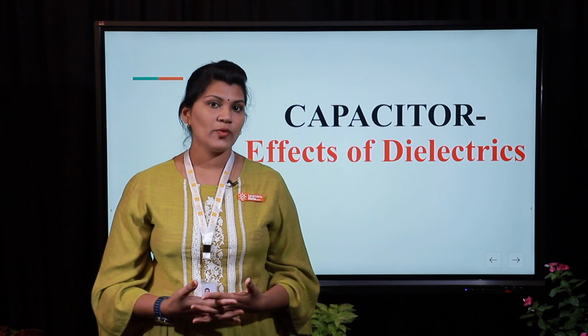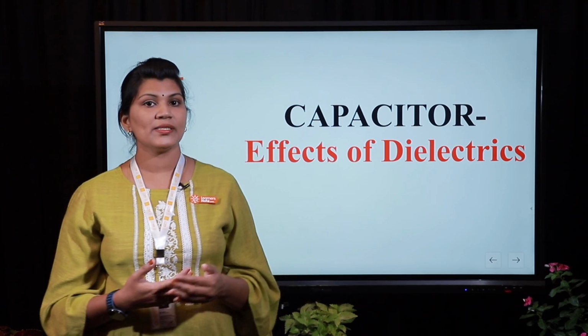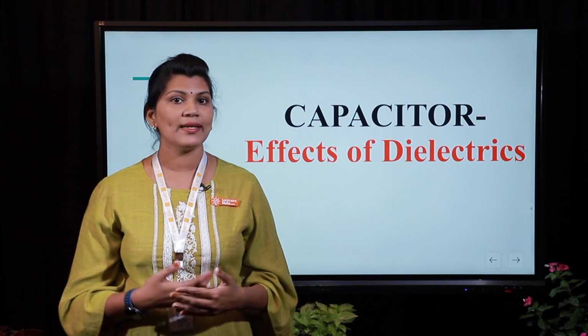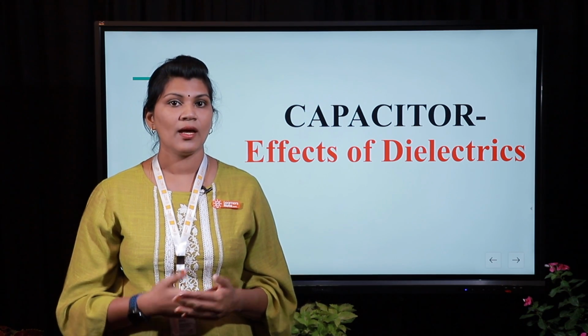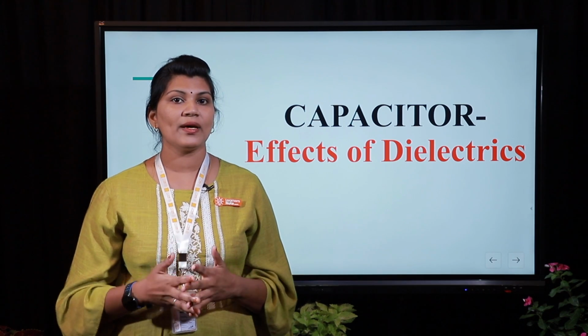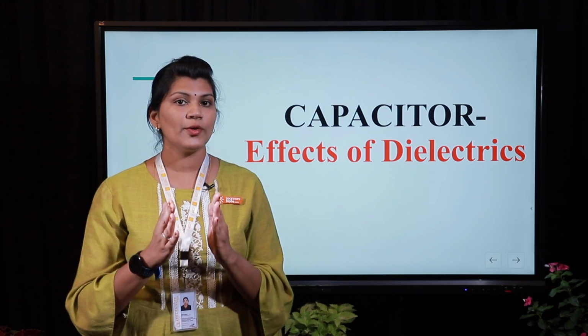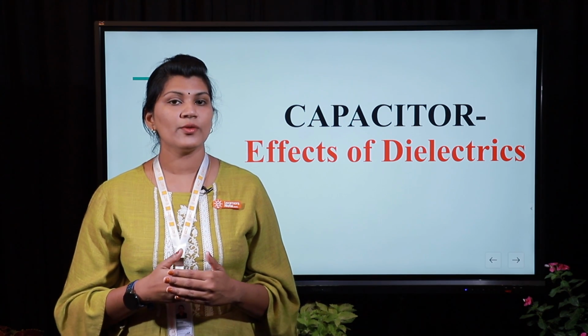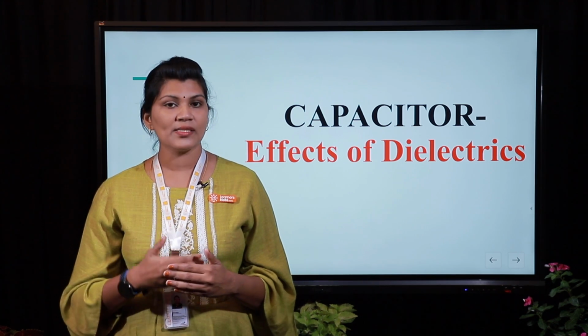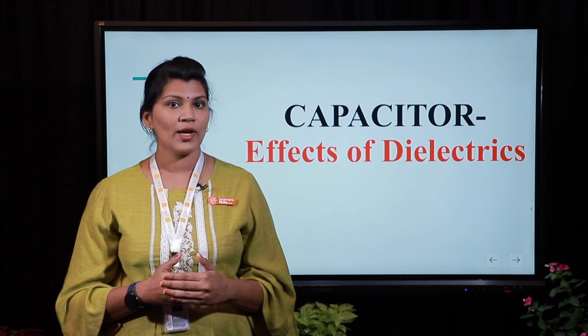So here I am concluding that our capacitor is a charge storing device, and we can increase the capacitance of a capacitor by inserting a proper dielectric in between the two plates of that capacitor. So dielectrics are used for increasing the capacitance of a capacitor by a factor K.